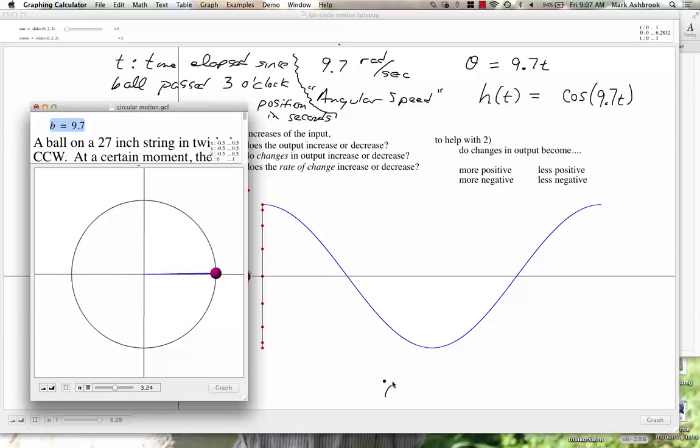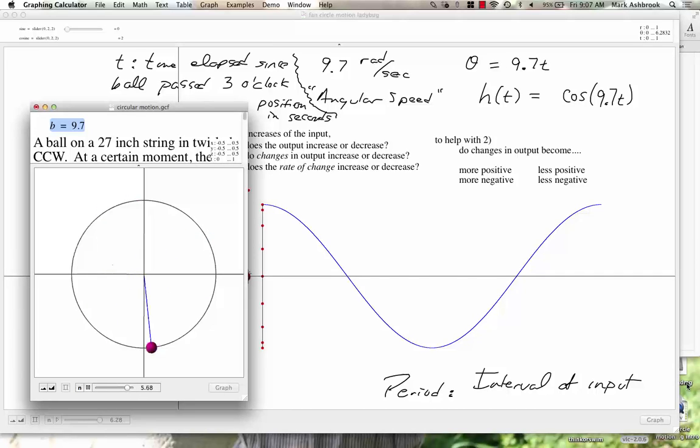Let's write it down here. Period. The interval of input. In our case, what quantity is that? The input quantity? Theta? In our h function? No, it's time.